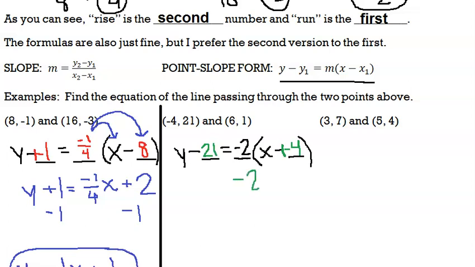So that's going to give me negative 2x if I distribute. So negative 2 times x is negative 2x. Negative 2 times 4 is negative 8. And then the last step in the process, I'm going to have to get y by itself, which means I'm going to have to add 21.